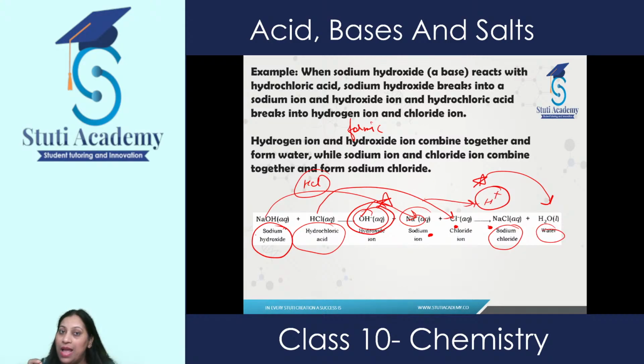In that case, we apply some base. Sometimes we start applying metal, because when metal reacts with acid, it shows this reaction. Or we use some calamine solution, which is a base and neutralizes the effect of the acid. So these are applications of neutralization reaction in our daily life.